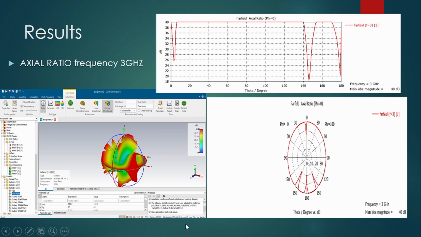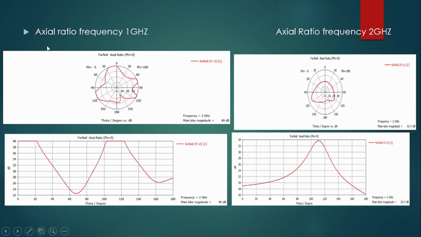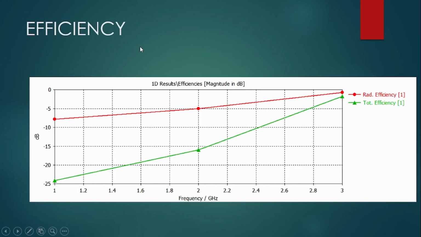The axial ratio at frequency 1 GHz in polar and in Cartesian, and the second axial ratio at frequency 2 GHz in polar and Cartesian. For the efficiency, the red color is the radiation efficiency, and the green color is the total efficiency.